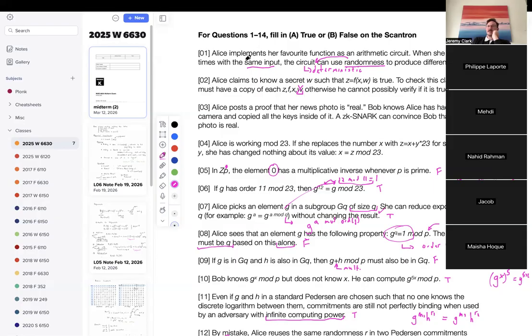Or you can have randomness in the inputs itself. If you want to have randomness in the inputs, that's fine. You won't have the same input though. If you have the same input, that means you have the same randomness. If the randomness is the input, then running the circuit 10 times with the same input means running it 10 times with the same randomness, and so you're always going to get the same output.